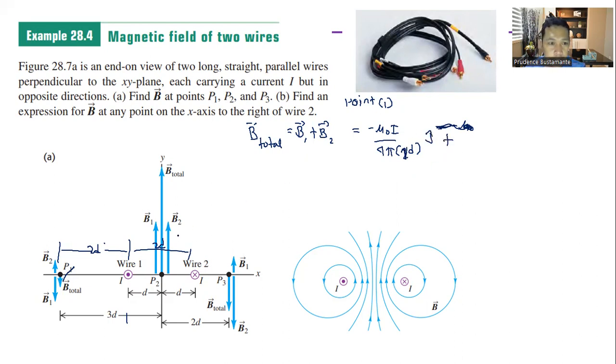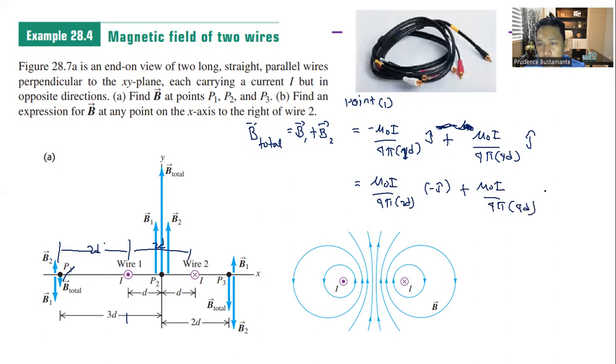The second one, distance 4D from wire 2, is equal to mu naught I over 4 pi times 2D times 4D j hat. This one is positive, this one is negative. So along this direction, you can also write this as mu naught I over 4 pi times 2D negative j hat, plus mu naught I over 4 pi times 4D j hat.